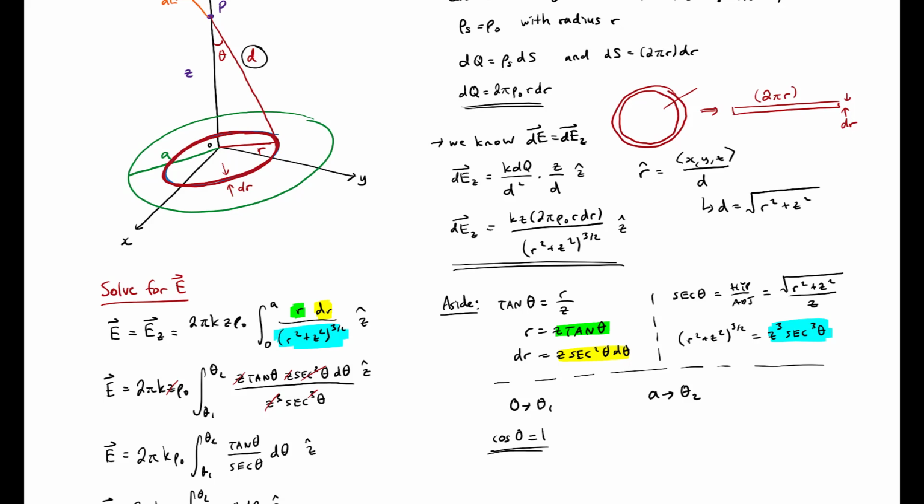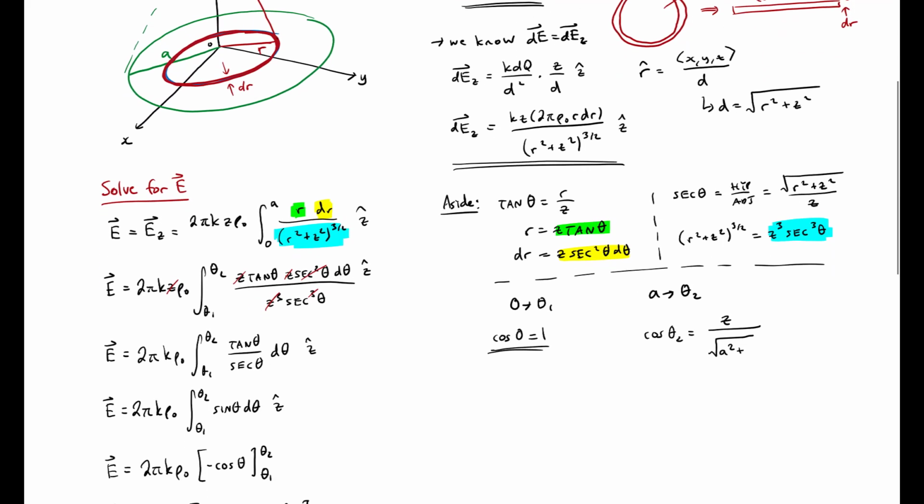Now when I take a look at a, it means what happens to my theta, so this is theta 2, when I'm at my maximum radius a. So at the maximum radius a, the cosine of this theta is adjacent over hypotenuse. So cosine of theta 2, adjacent is z, and the hypotenuse is the square root of a squared plus z squared.